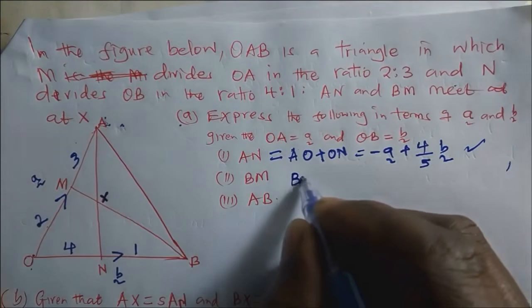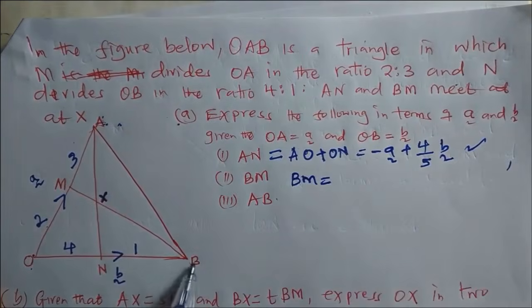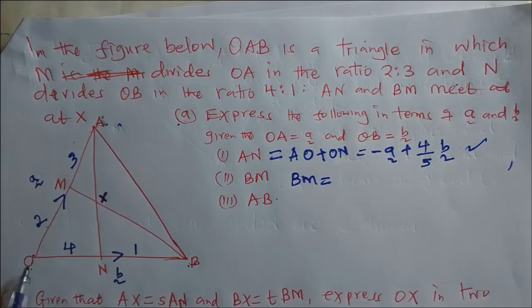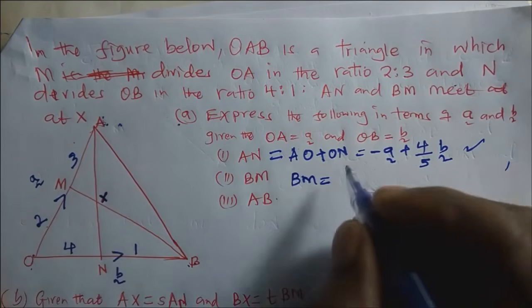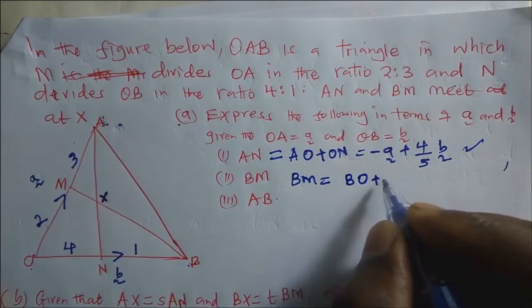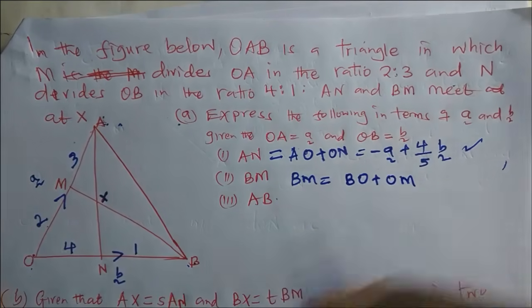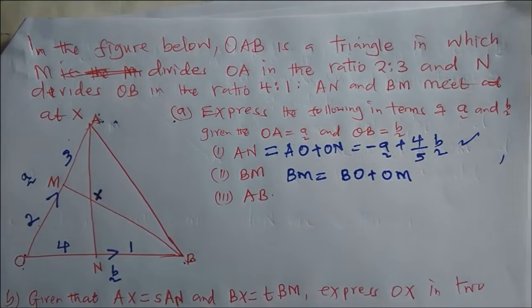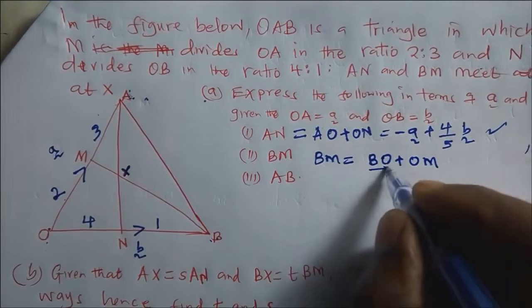And that is AN. Now BM. How do you get BM? BM is equal to BO plus OM. Remember, these are vectors.